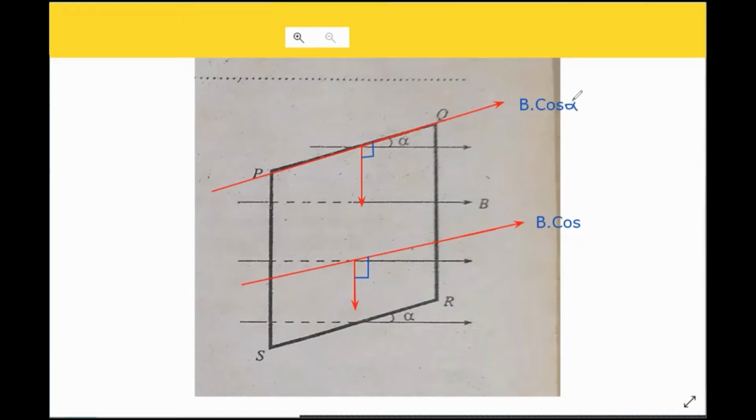Draw the figure. In the exam, no need to draw the figure, but it will be very much helpful. Even in the exam, you mark these B cos alpha components. B sin alpha is parallel to the QR and PQ sides. I'm not going to write them. Okay, I'll mark them also.